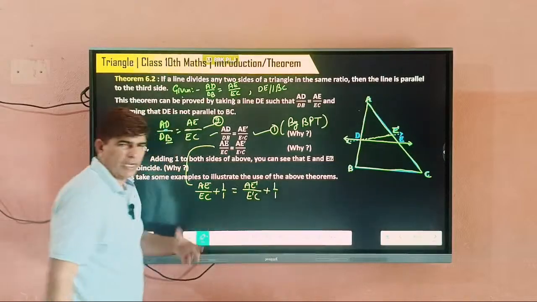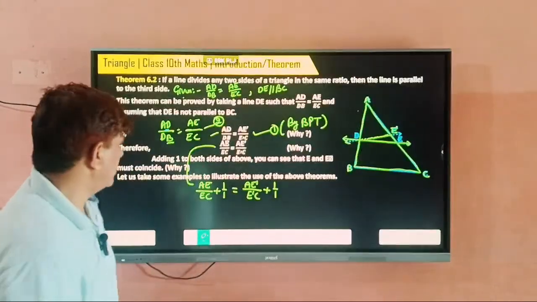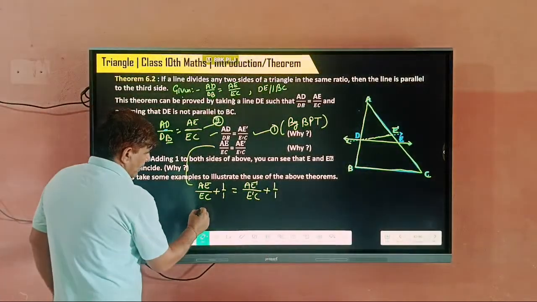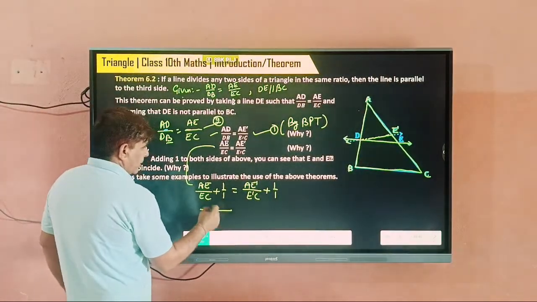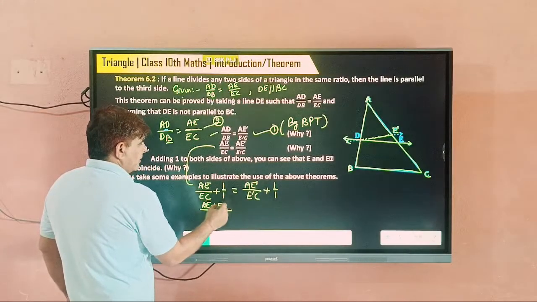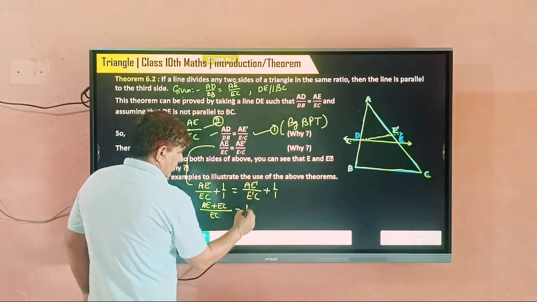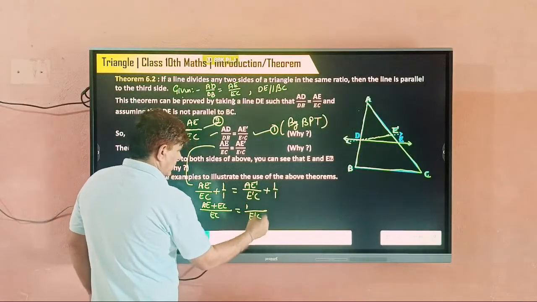If you add the same quantity to both sides, there is no effect. So the LCM is EC: AE plus EC, and for the other side, E dash C.